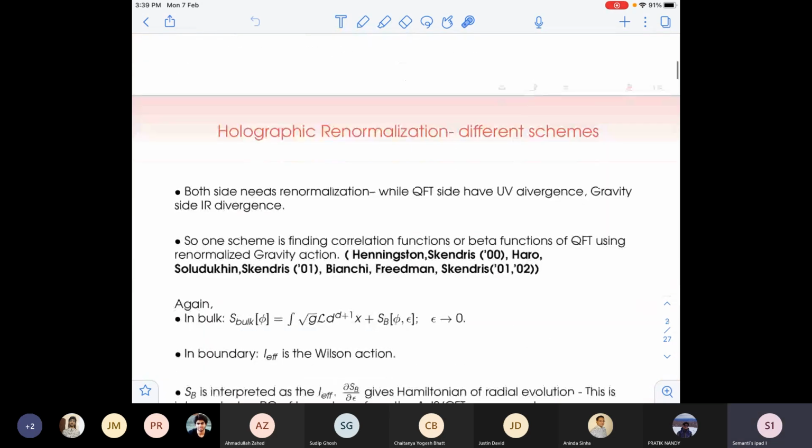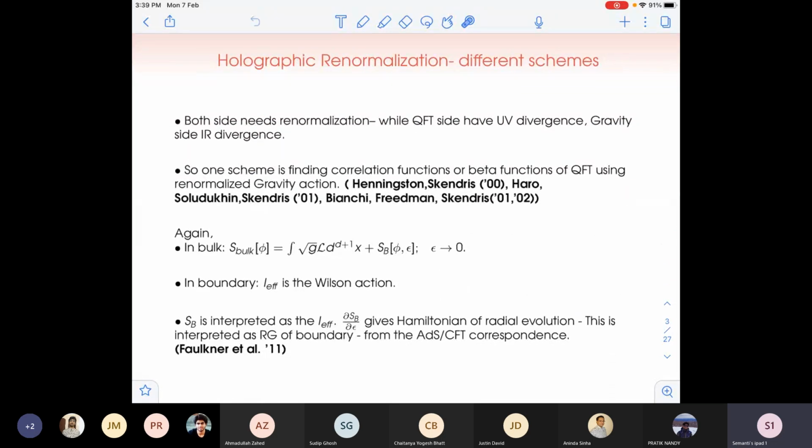Now, with respect to this statement, there is a lot of work regarding this scale and radial duality. One is that whenever we write the AdS/CFT conjecture, both sides, the QFT and the gravity side, need renormalization, where the QFT side has UV divergence and the gravity side has IR divergence. So one scheme is finding the correlation function or beta function of the QFT using the renormalized gravity action, where we cure the IR divergences.